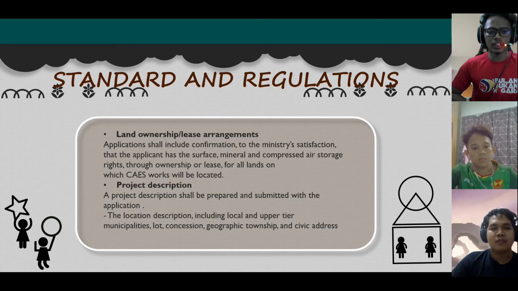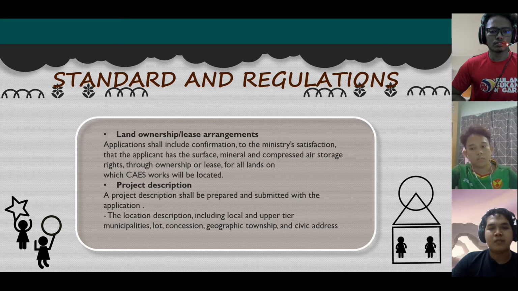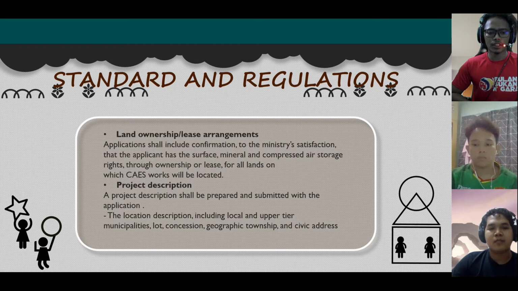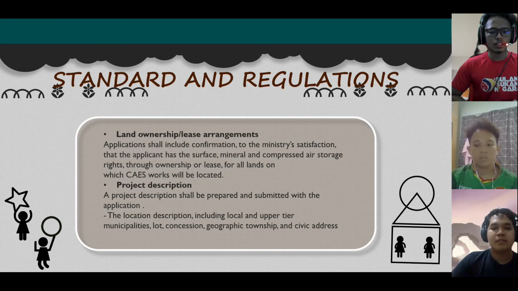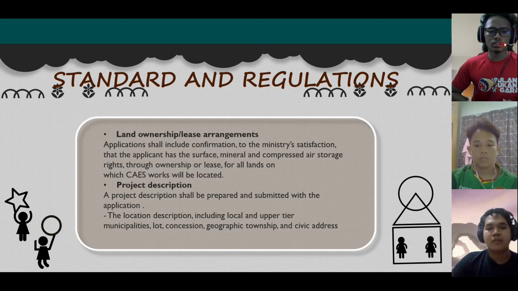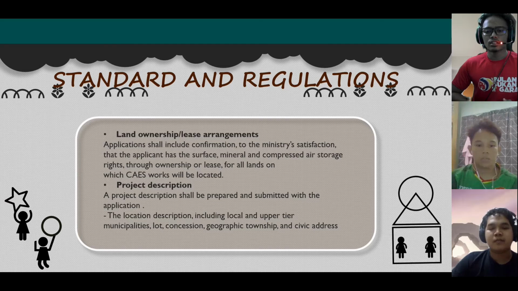And the fourth standard is project description. A project description shall be prepared and submitted with the application. The location description includes local and upper tier municipalities, lot concession, geographic township and civic address.